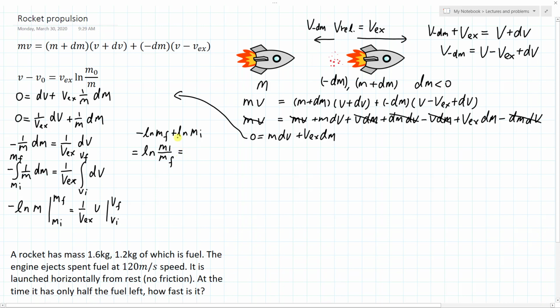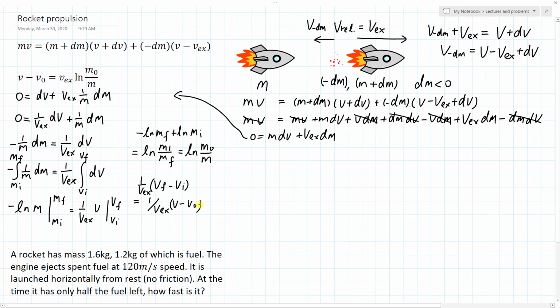And we'll use those symbols. So natural log, initial mass is m naught, and final mass is m. Okay, so that's the left hand side. And then the right hand side, we have 1 over v exhaust times v final minus v initial, and it's also written as 1 over v exhaust times v minus v naught.